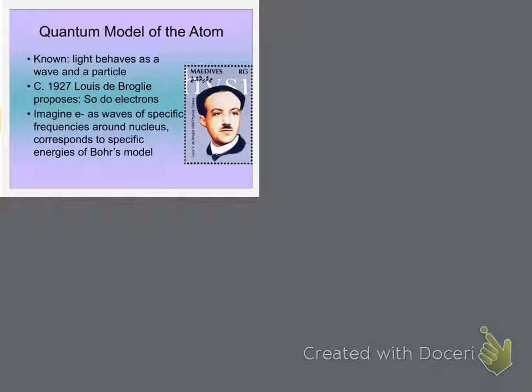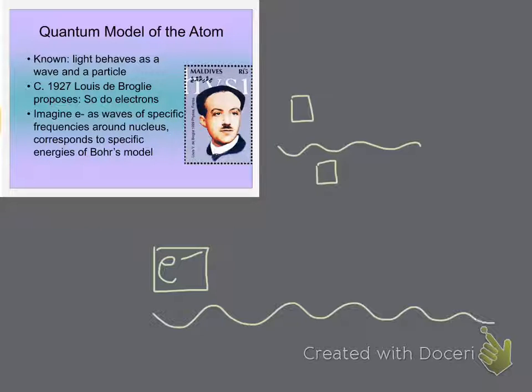Now, we continue to discover things about the atom. And in 1927, Louis de Broglie, minor French nobility, imagines that based on the quanta of energy and the photons of light, perhaps, if light can behave as a wave and a particle, electrons, which we know are a particle, can also behave as a wave.